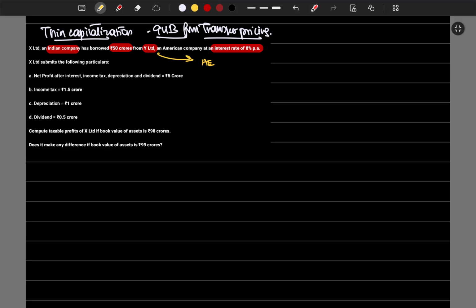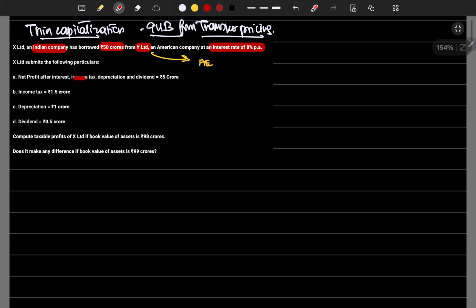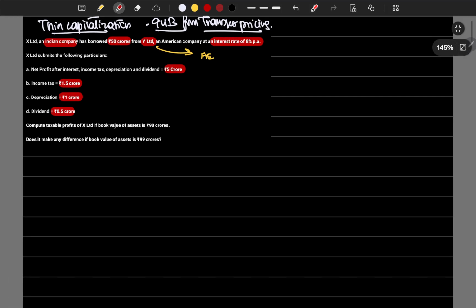We'll see in the upcoming part. Net profit has been given after tax, which is after interest and income tax. So we have to take up this 1.4 crore income tax, depreciation, 0.5 crore dividend. Now they have said that book value of assets is 98 crore, and in another case book value of assets is 99 crore.